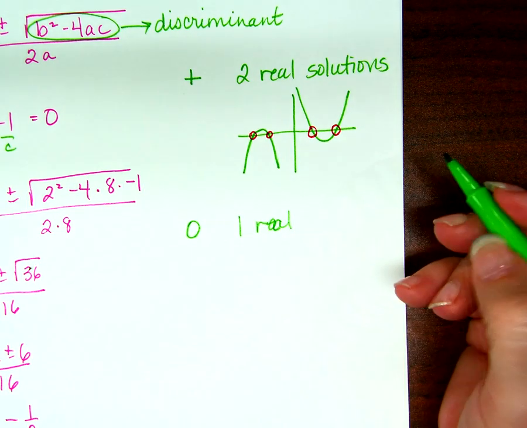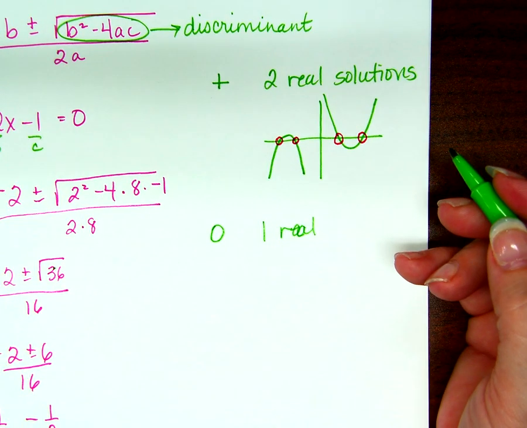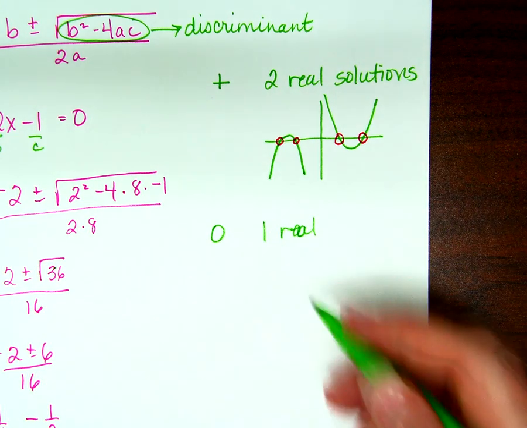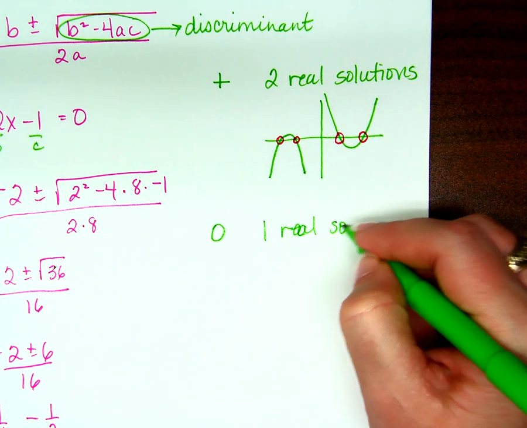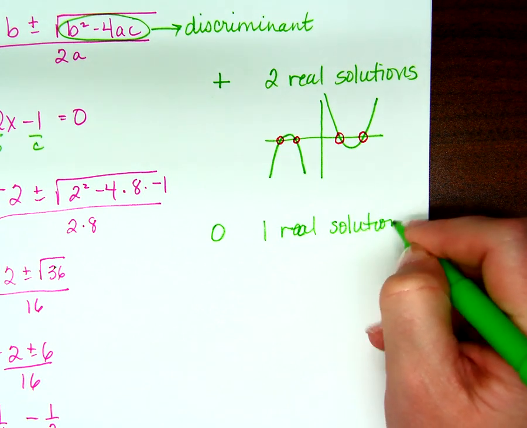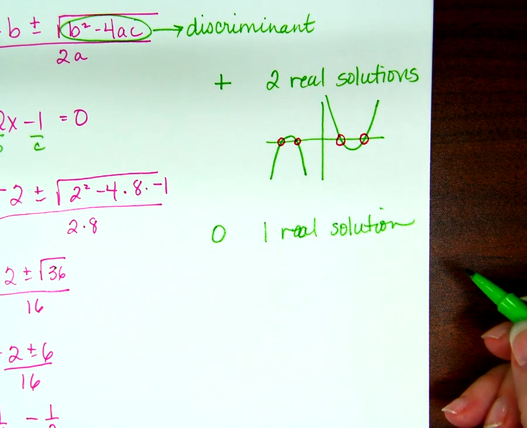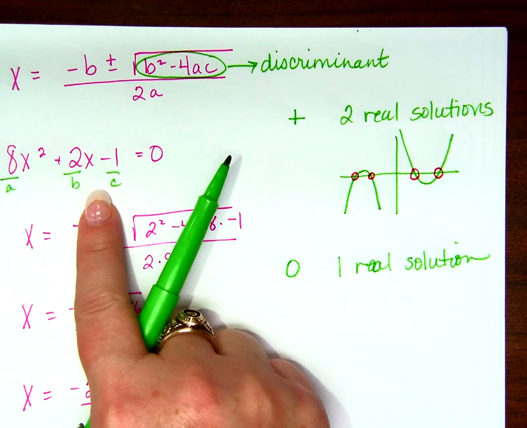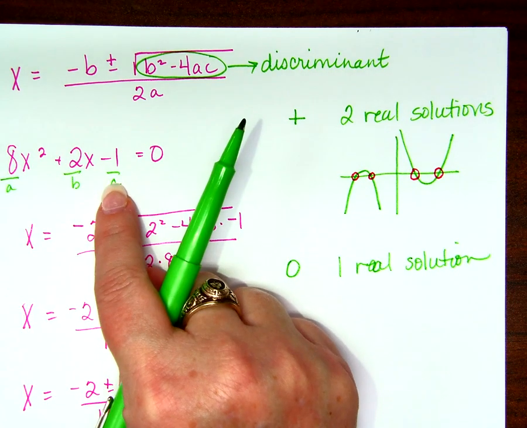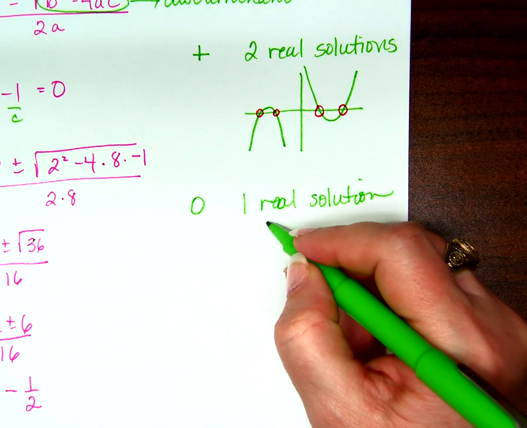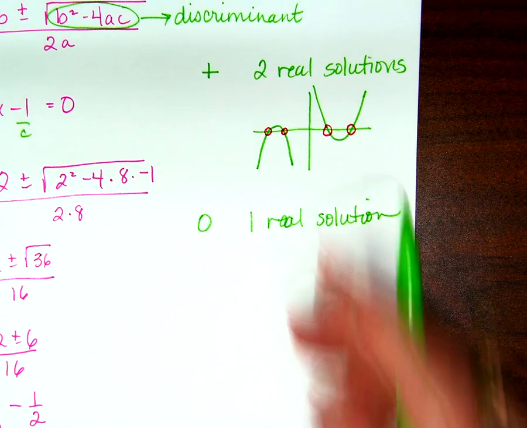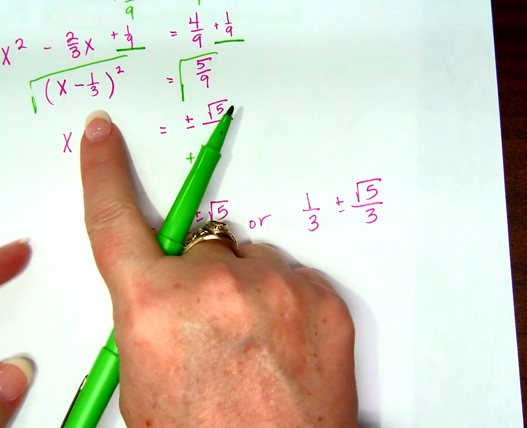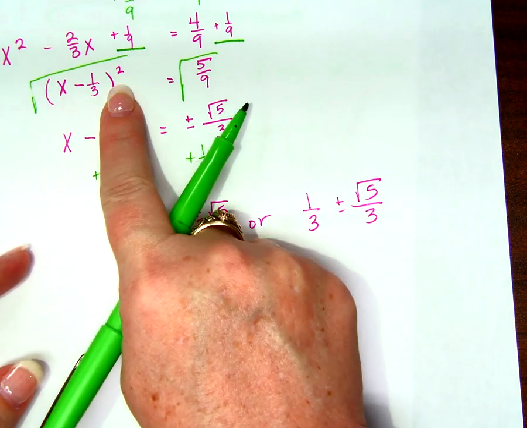But according to the fundamental theorem of algebra, how many solutions are we supposed to have? 2 at most, right? And I said most of the time we're going to end up with 2. This is one of the cases where we end up with 1 solution, 1 real solution, but there's really 2. Because if I factored this, if this was factorable from the very beginning, and if this was 0, it would absolutely be factorable from the very beginning, it would look something like, if I was completing the square, it would look like this.